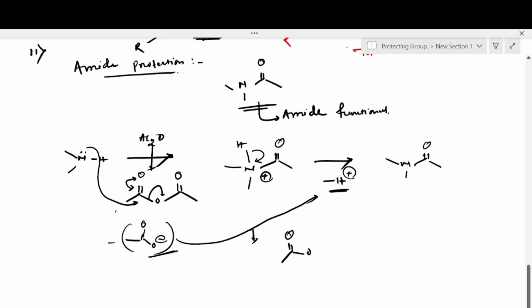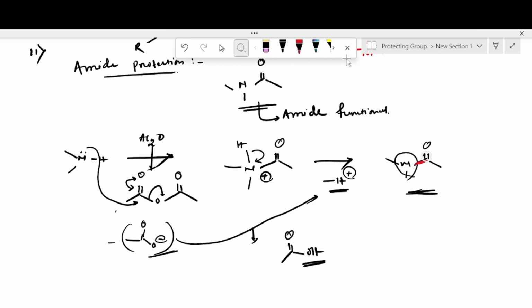Acetic acid. So by this process we can protect an amine with amide protection. This is called an amide, right? Nitrogen and a carbonyl group.